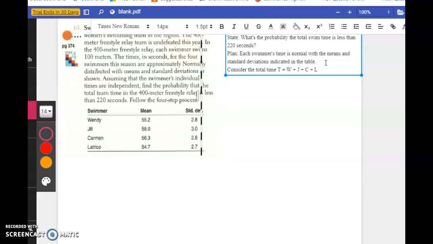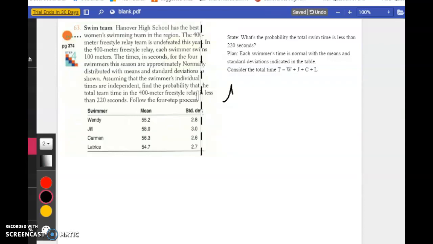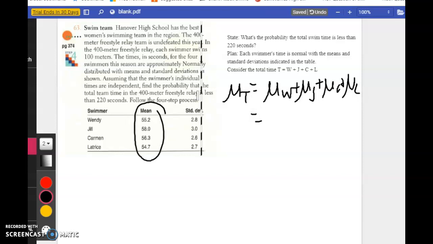That's going to account for the total time. Also in my plan, the mean of T is therefore the mean of W plus the mean of J plus the mean of C plus the mean of L. I sum all those up, and you get a mean time of 224.2 seconds.